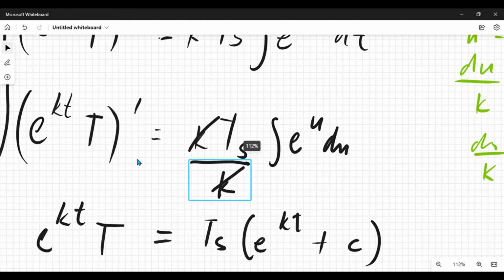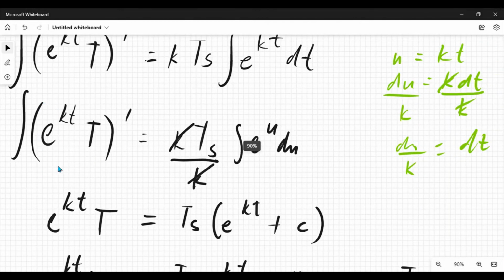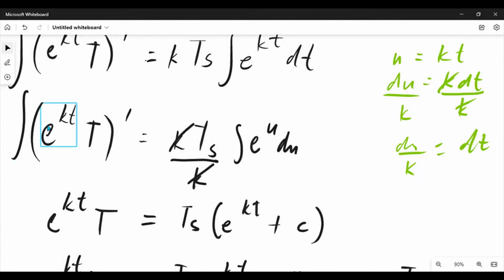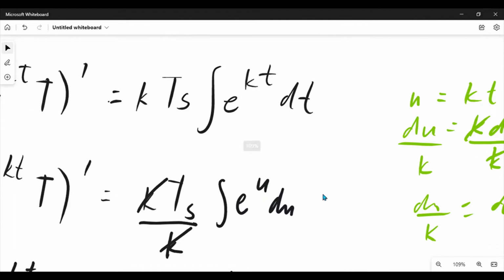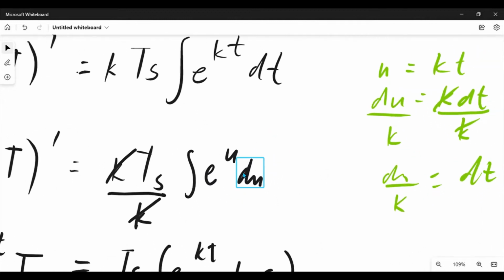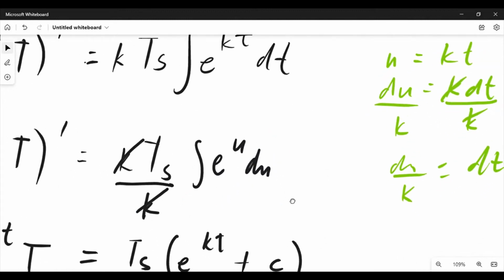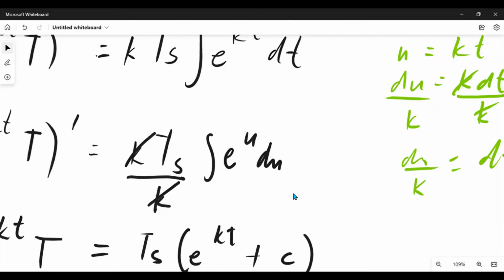So we have here, okay, you take the integral of the quantity of e raised to kt times the temperature T prime, and this is equal to k T sub s times the integral of e. Your kt here is replaced with u, and of course your dt is du over k, but since 1 over k is constant, we can factor that out.